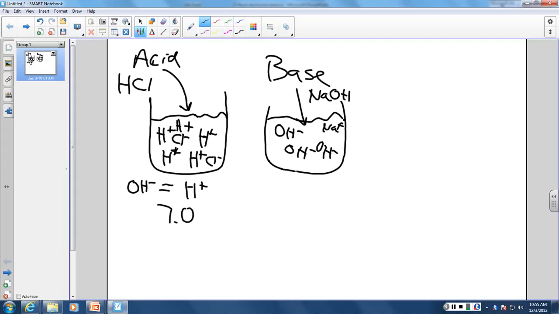Because you have all those freely floating hydroxide ions, hydroxide binds with a hydrogen ion to form water. That's why the definition says a base accepts hydrogen ions. If you have a free hydroxide, it's going to form a bond with that hydrogen and take it out of solution.